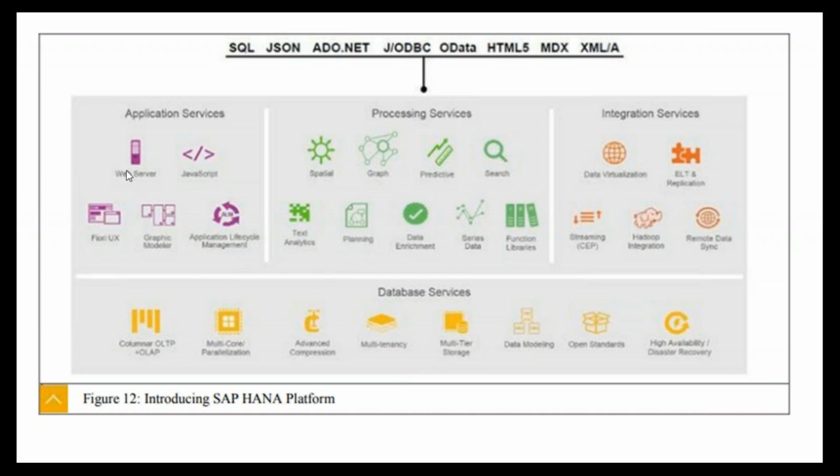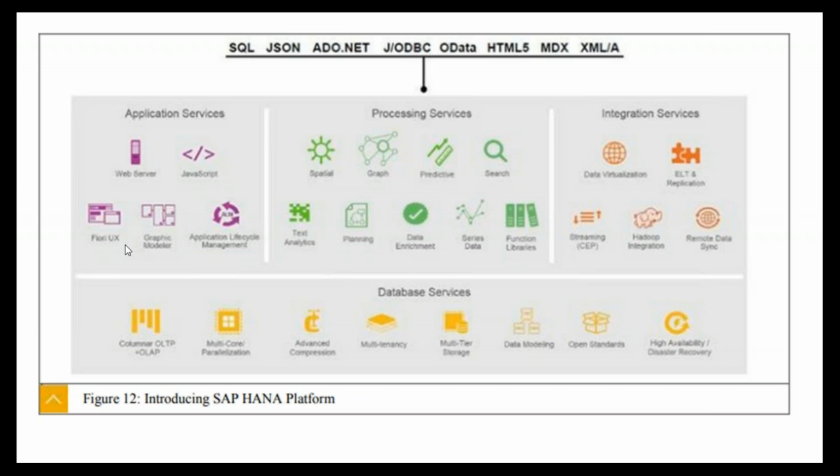Now here, web services and application services: we have web services, we have JavaScript, we can write some logic in the web services. We can use the Fiori application. With the Fiori application, you can build Google Android applications.